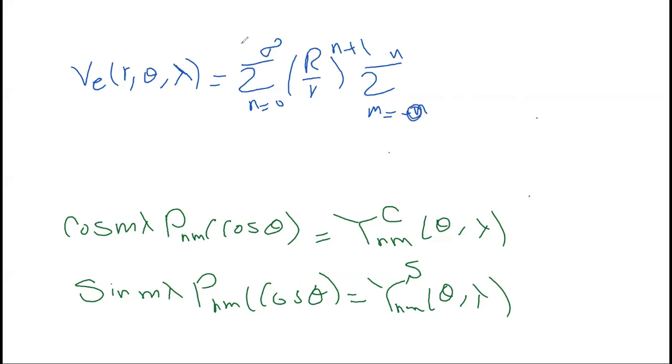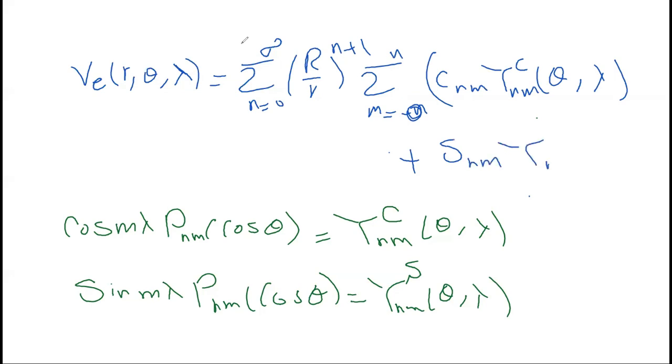And here I will write instead C_nm Y_nm, theta and lambda, with C. I have a parenthesis here, plus S_nm Y_nm with S, theta and lambda. So the formula is a little bit simpler.